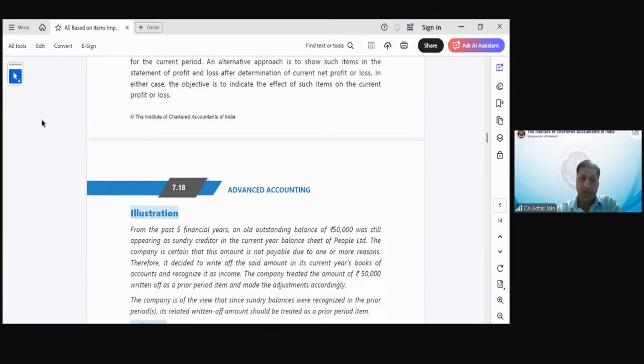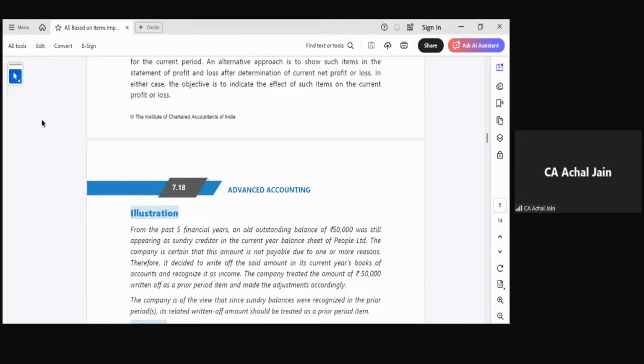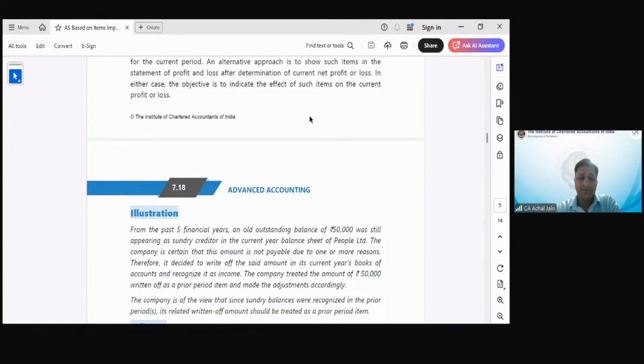Quickly, what is your thought? The company has already done an accounting. What do you think? Is this accounting correct or not correct? Do you agree with this accounting requirement or not? Okay, I can see one response coming up. Devu says it's not a prior period item because it's not an error.